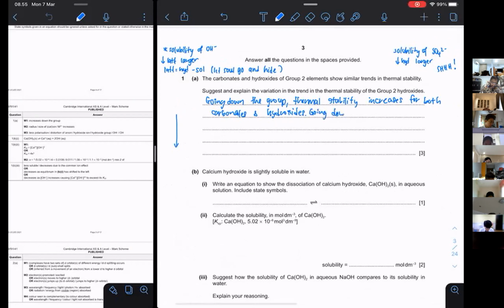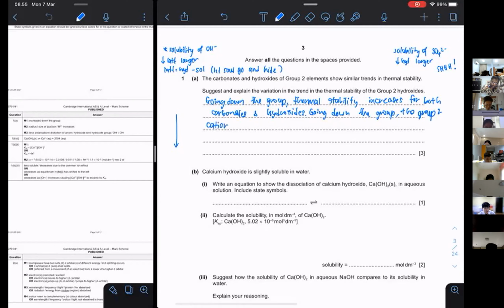Group 2 cations have a larger ionic radius, which decreases the ion polarization, or the polarizing power decreases.